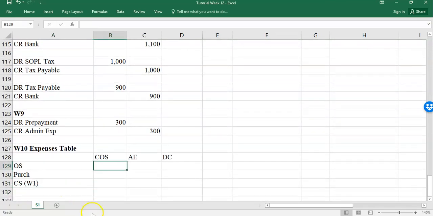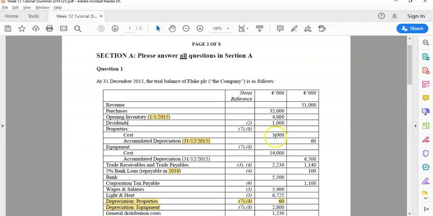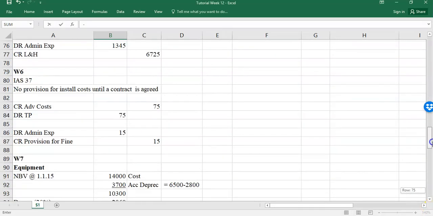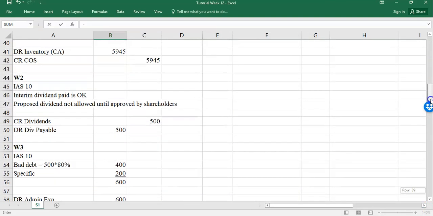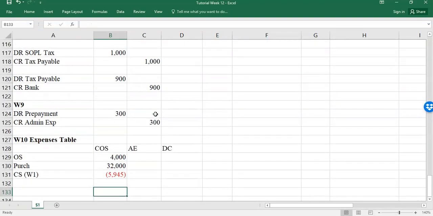So your opening stock and purchases will be coming from the trial balance, given directly here, 4 million and purchases 32 million. And we said closing stock, if you come from working 1, you cross-reference down, that is 5945. And it's the minus because it is a credit to cost of sales, which reduces cost of sales.